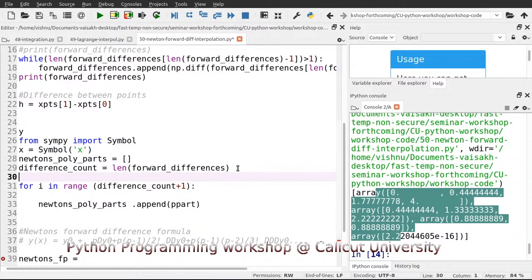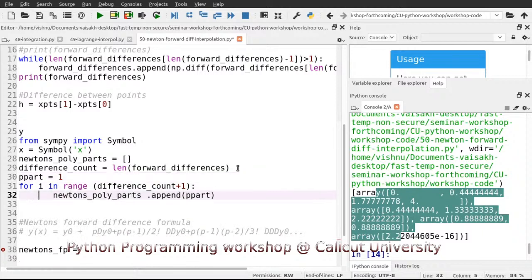Let me start here. After that, what should I do? p by 1 factorial I should multiply. After that, p minus 1 by 2 factorial I should multiply. After that, p minus 2 by 3 factorial I should multiply with the previous thing. Okay, I think that should work.